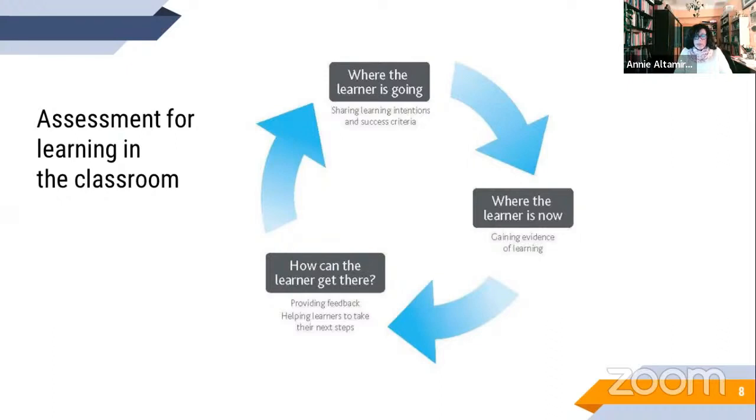So, when integrating assessment for learning in our classroom practice, it's advisable to take one area at a time and allow for its development rather than rush into a succession of rapid changes. It's the same that I mentioned in the comments, in the chat, in the previous talk, baby steps.